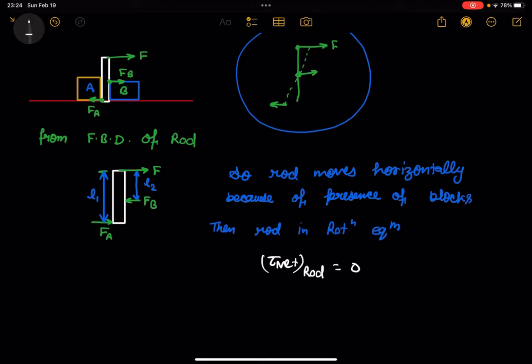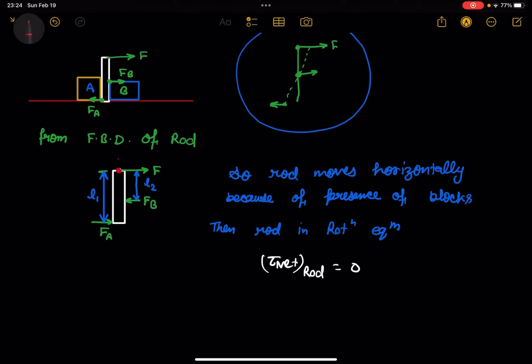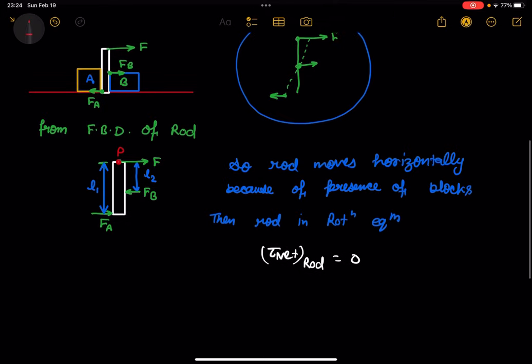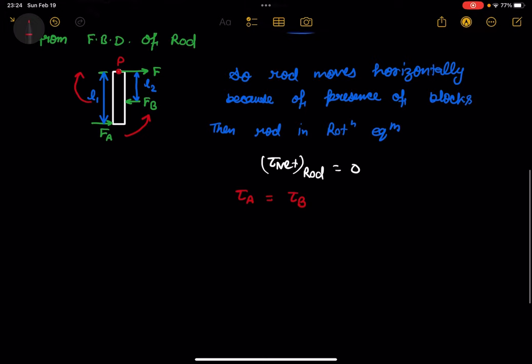So you can consider any point. Let's assume I am considering this point, and this point is called P. The torque due to FA is in this direction and the torque due to FB is in this direction. So the torque due to force A is equal to the torque due to force B about point P. So FA times L1 is equal to FB times L2.